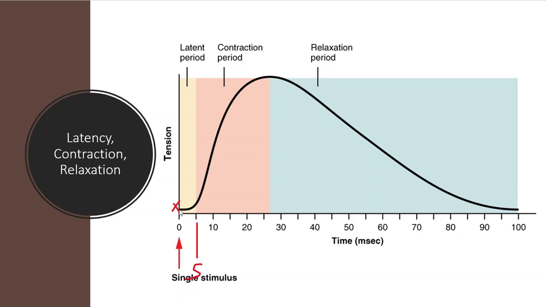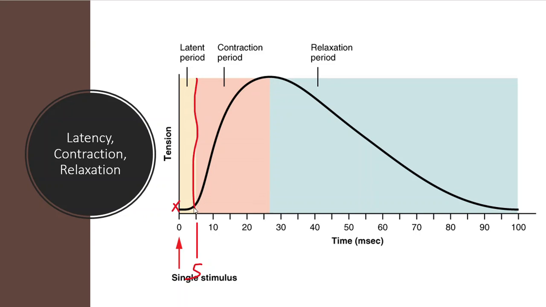Because it takes time for the neurotransmitter to float across the synaptic cleft. It takes time to bind. It takes time for the action potential, the spread of the voltage, to travel over the sarcolemma. That's the latent period. It's just going to take a certain amount of time. It's not instantaneous. So that's our latent period.